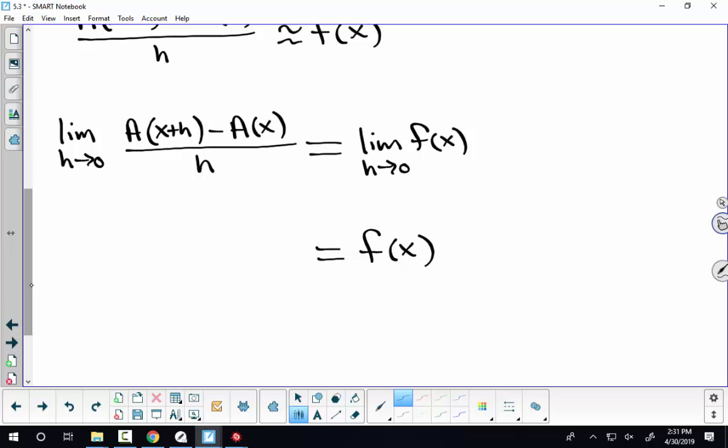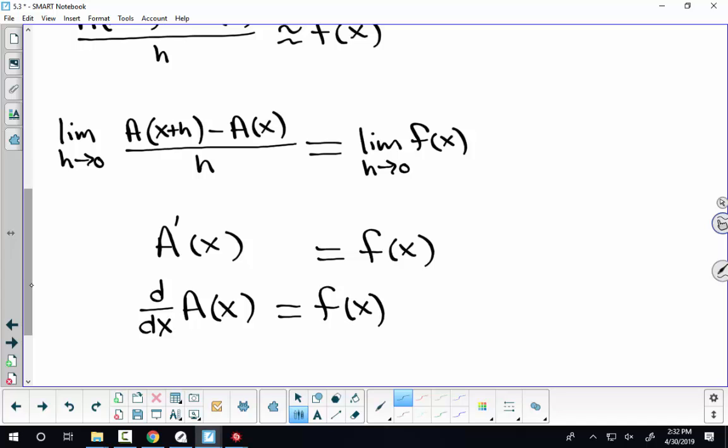So this function, lowercase f, is totally arbitrary. I could say that the derivative of w with respect to x is w of x plus h minus w of x all over h. Since the function we're looking at is capital A, this side is just capital A prime. Writing that in different notation, the derivative of the area function is f of x.